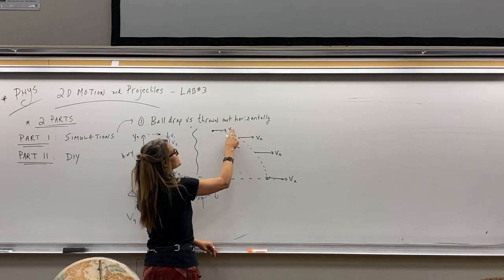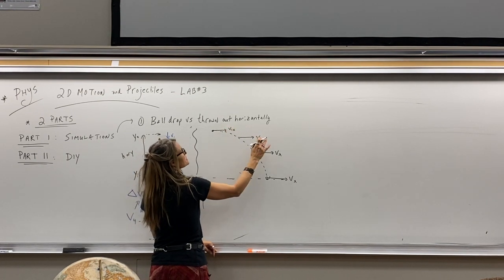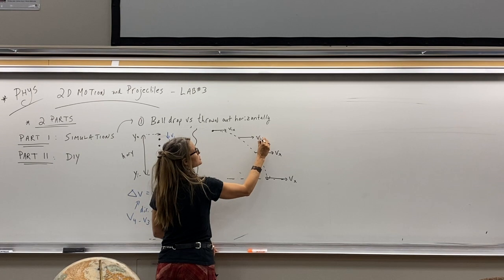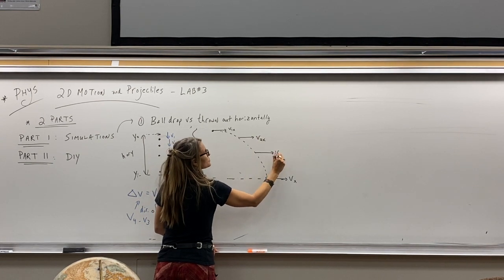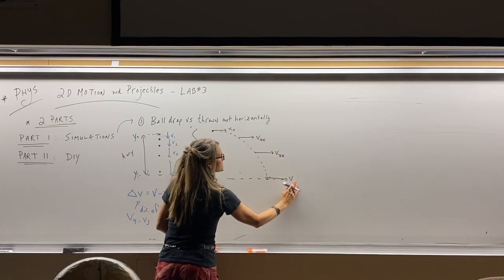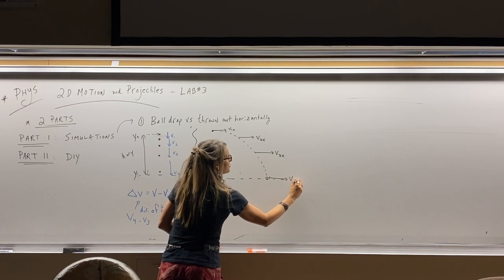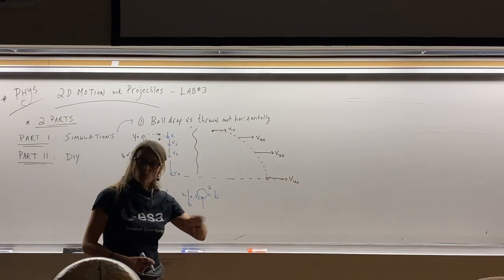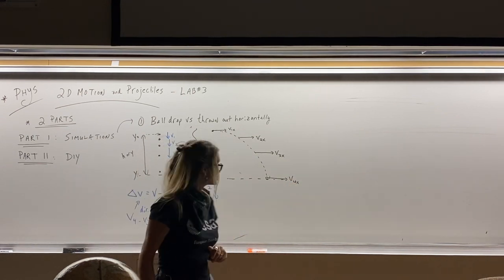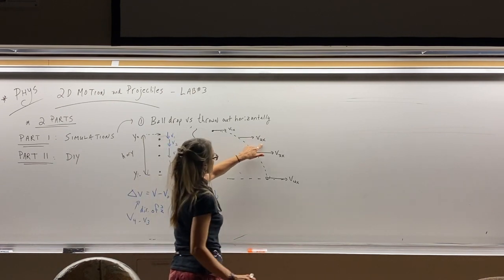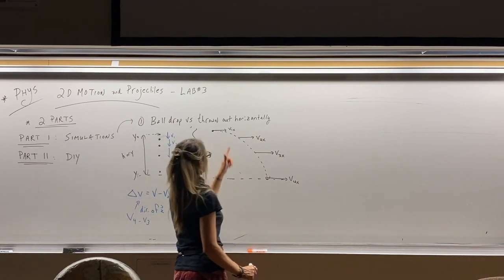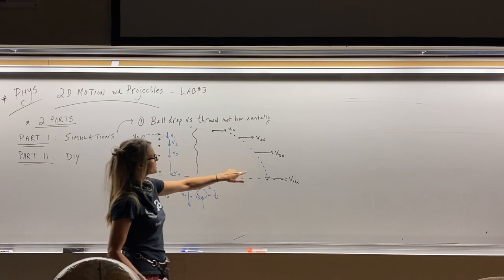So I'm going to label these as V1x. When I have 2D motion, it is wise to notate both the coordinate of that motion, the component of motion that you're working with, and give it a number. So all these are the same.